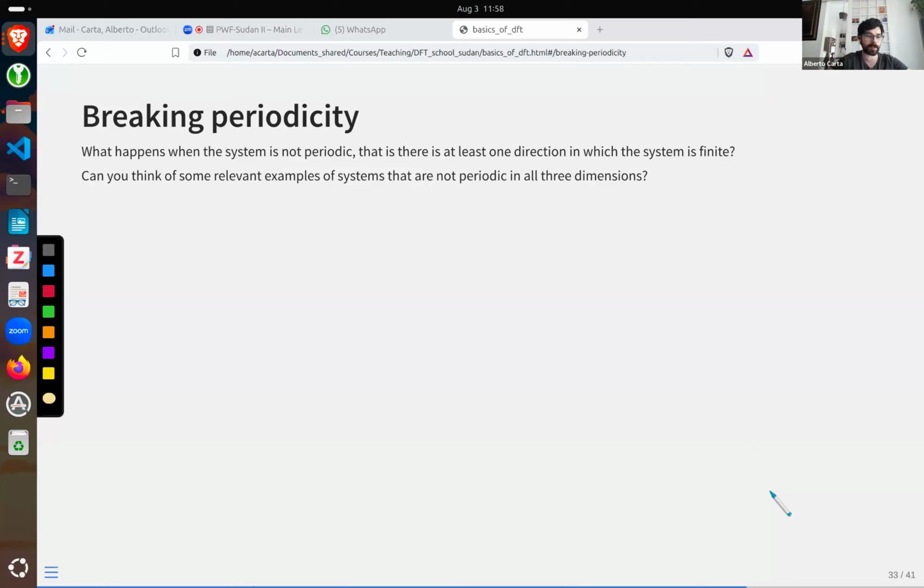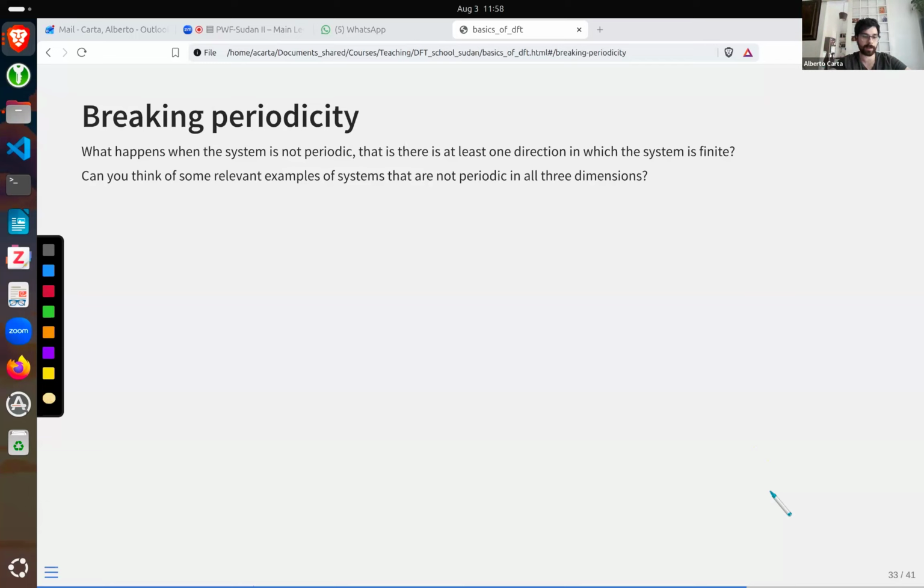What about 2D systems? What are examples of 2D systems, for instance? You mentioned earlier also the carbon nanotubes, but this is 1D, so this is still one direction.